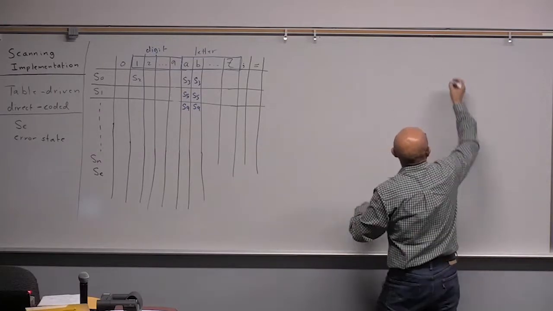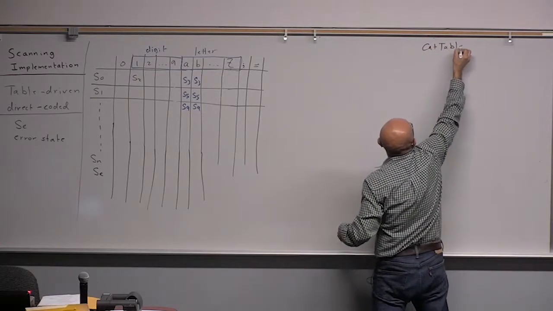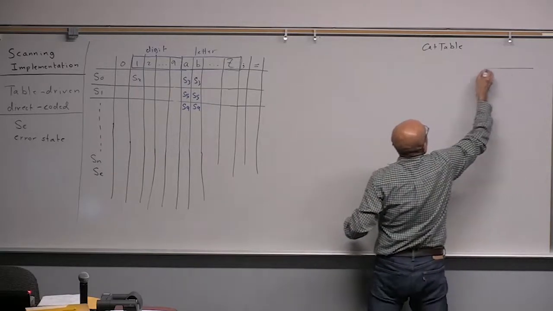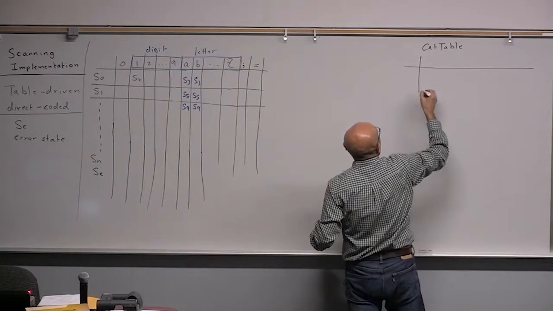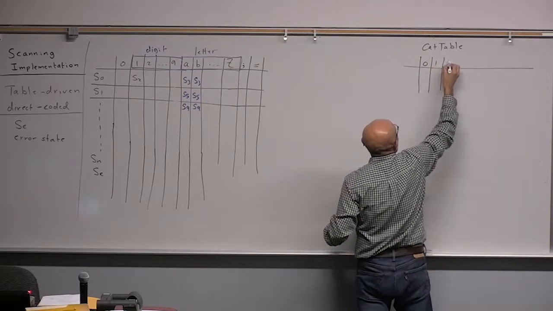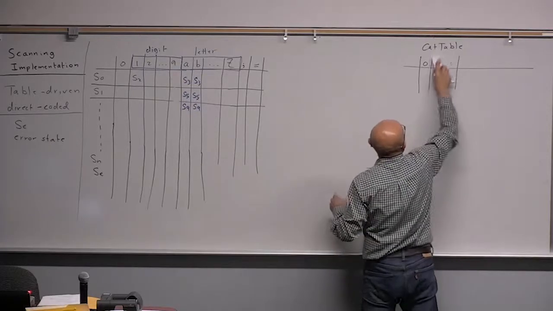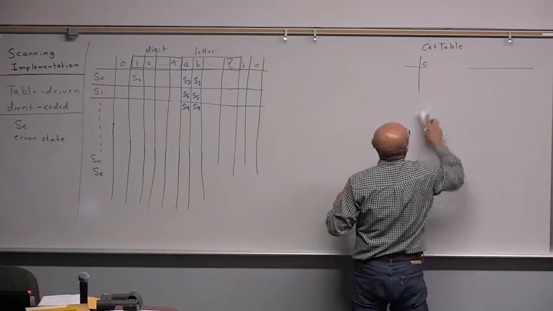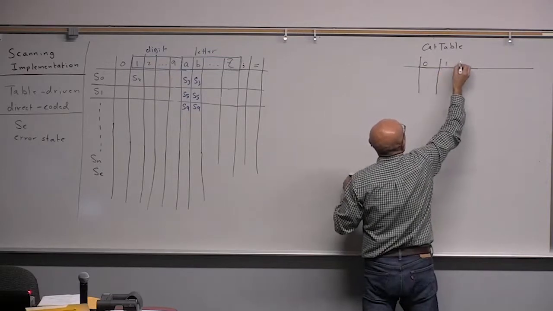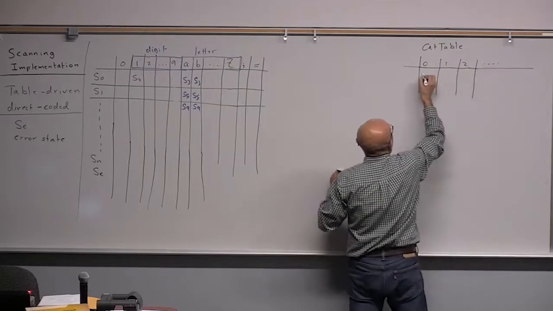So the categorization table, cat for categorization. So you may have something like, for example, 0, 1, 2, and let me make it a little bit bigger to write digit. 0, 1, 2. These are digits.